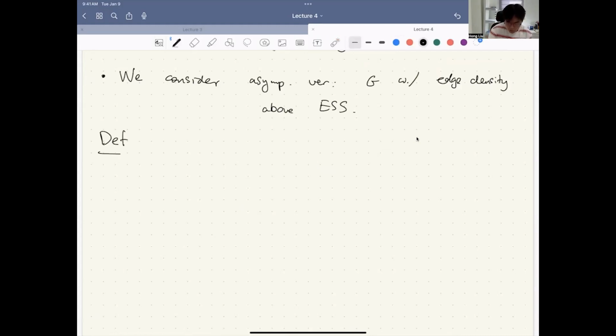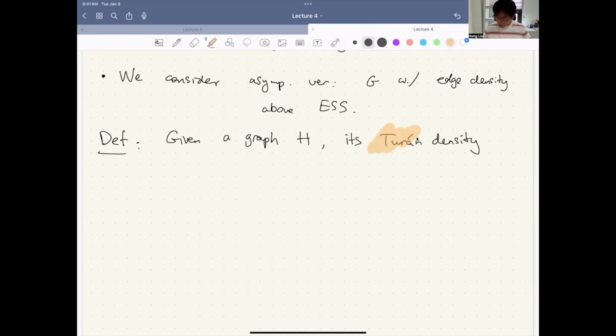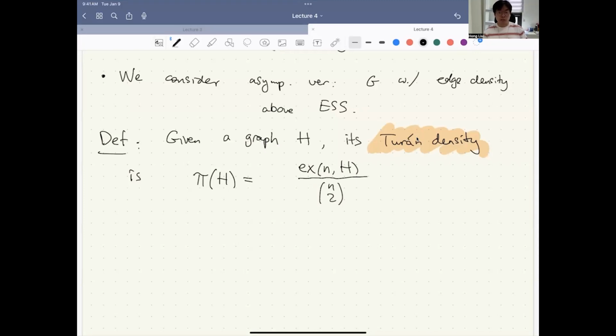Definition. Given the graph H, its Turán density, we'll write pi of H, to be: you look at the extremal number of H, and as usual, this is about the number of edges in an n-vertex H-free graph.